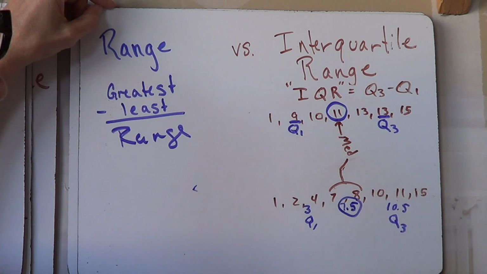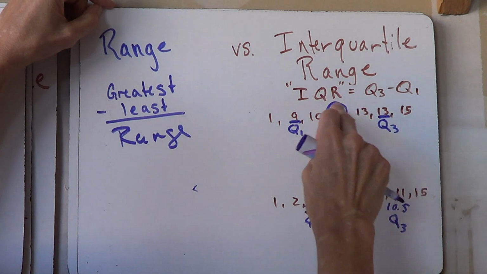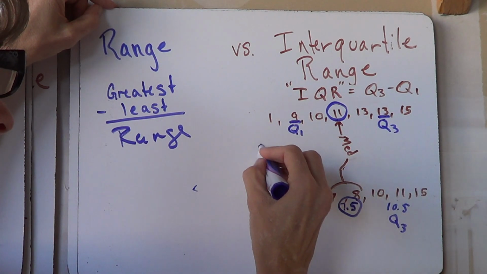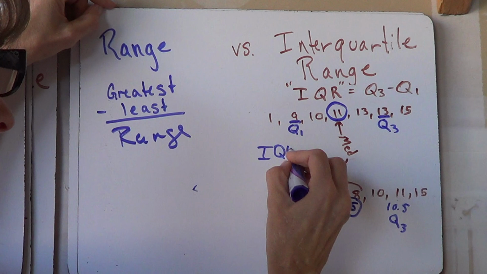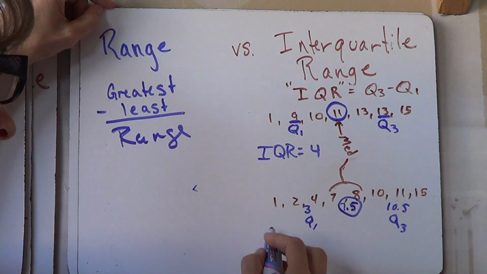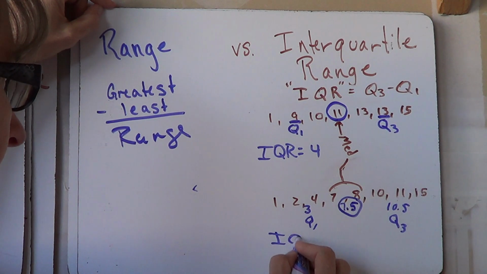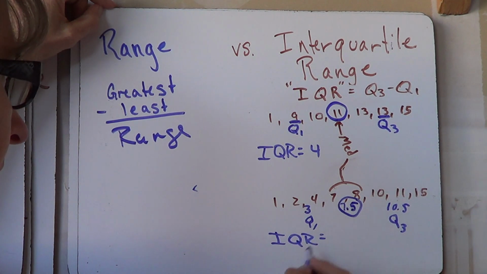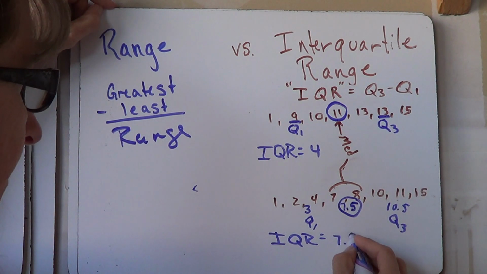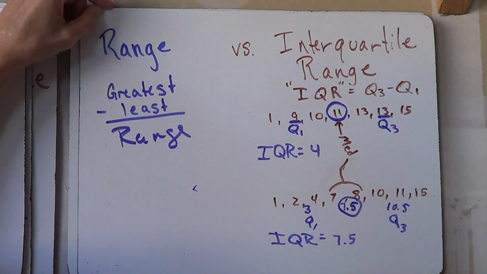To find our interquartile range, we take Q3 minus Q1, so the IQR for that data would equal 4. The IQR for this data equals 7.5. This is why we've developed IQR.